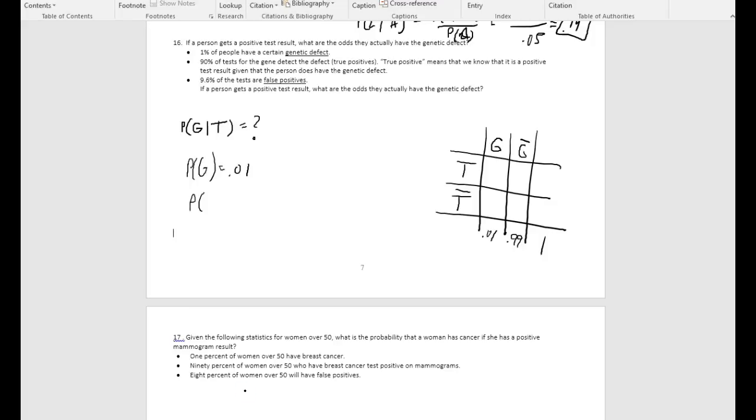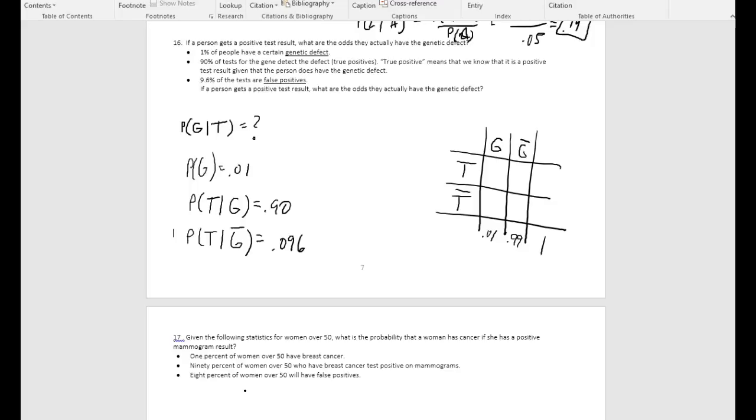So the true positive is given that they do have the genetic defect, it's true, and we know that that's 90%. And then 9.6% of tests are false positives. So it's positive test given that they don't have the genetic defect. If a person gets a positive test, what are their odds that they actually have the genetic defect?